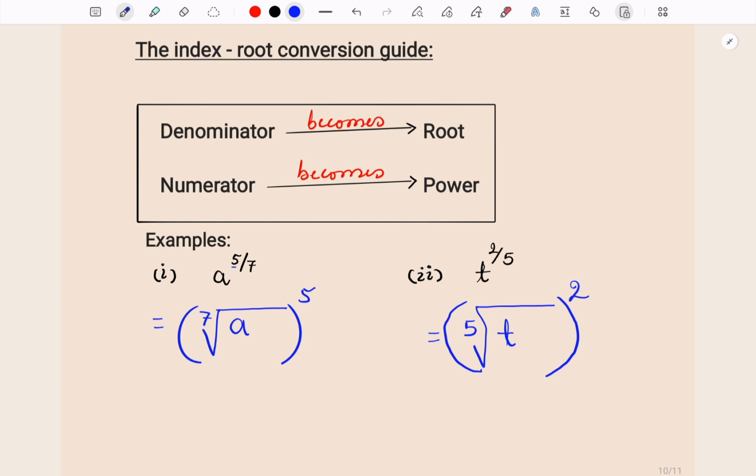So we can write a general form for x raised to the power m over n.